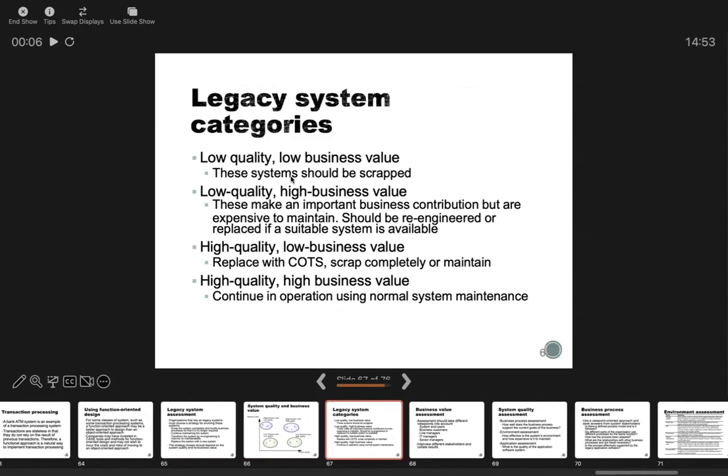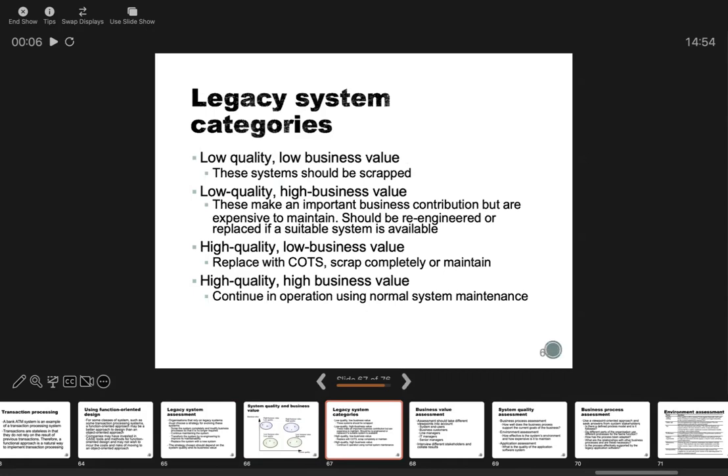If our system has low quality and low business value, we must scrap it. If the system has low technical quality but high business value, it makes an important business contribution but is expensive to maintain. Then we should re-engineer, replacing some of the components to revive or rejuvenate our legacy system.